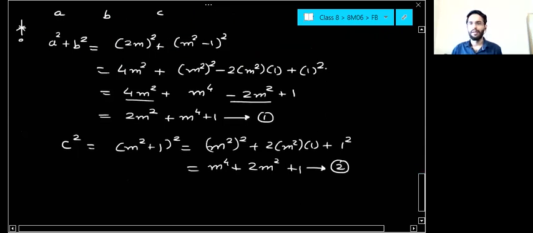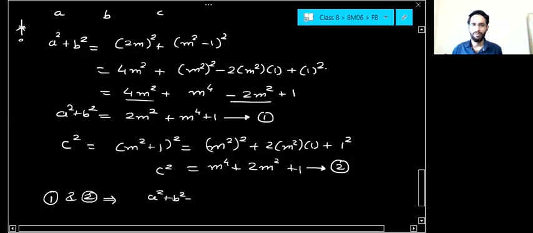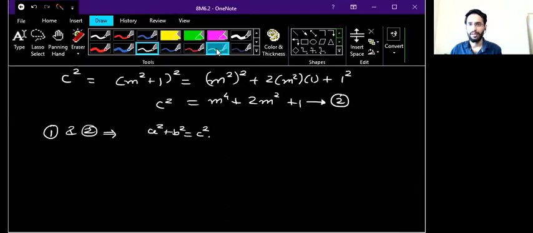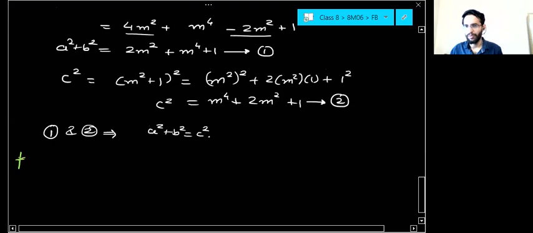See, a square plus b square is also giving you 2m square plus m to the power 4 plus 1, and c square is also giving you m to the power 4 plus 2m square plus 1. So from 1 and 2, can I say a square plus b square equal to c square? Okay, so this is the thing. Now let me show you one more property. That is last property for 6.2.